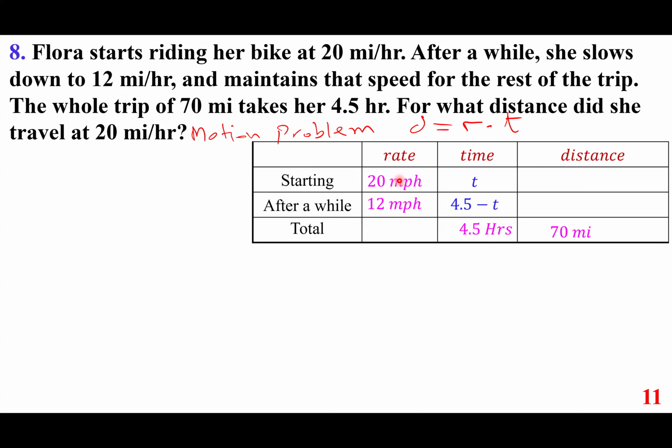What is the distance covered here? 20 times T. What is the distance covered here? 12 times 4.5 minus T. And if you add these two, you're supposed to get 70. So to get to this equation, you have to go through this process.